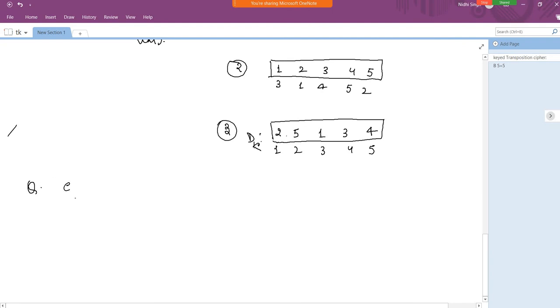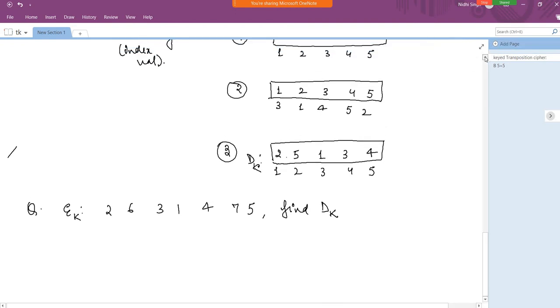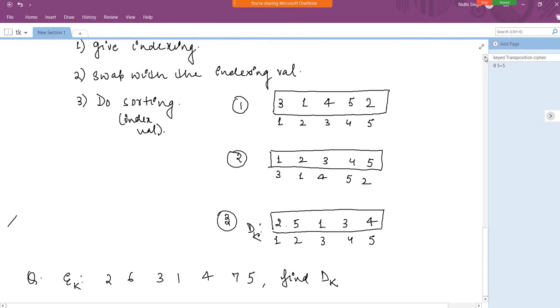So the question is, suppose the encryption key is 2, 6, 3, 1, 4, 7, 5. Then find out the decryption key by using the key inversion algorithm. Calculate and tell me the answer.